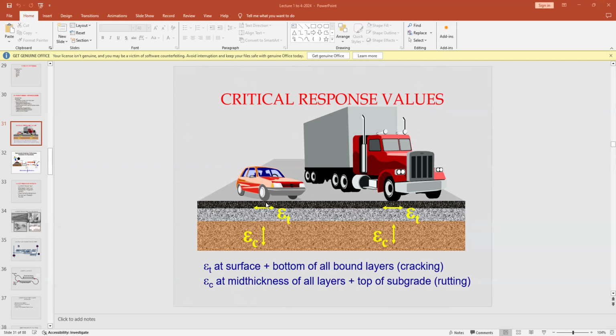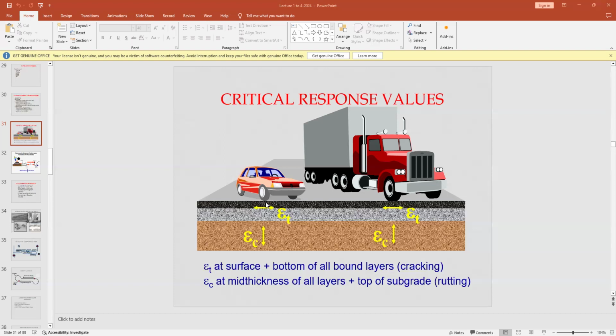I have told you that inadequate design is because we have anticipated lesser axle load, and the pavement has failed because of the higher axle load. So if you have designed a pavement for higher axle load, it may not have rutting.